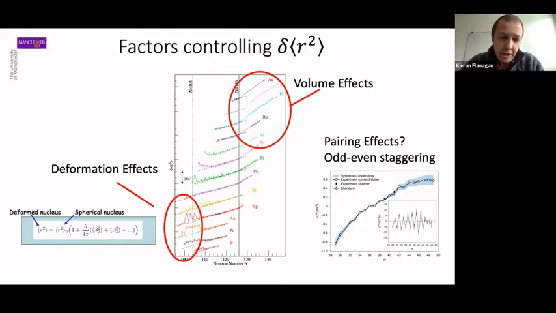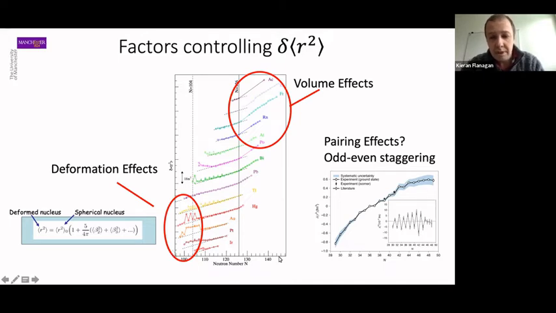And if we naively, or let's say in a very phenomenological way, model this with a spherical nucleus and a deformation term, we can then relate the dynamic deformation that you associate with the mean square charge radius with other observables, such as the quadrupole moment, and evaluate a value for the parameter beta, and then interrelate whether or not we have a statically deformed shape or a rather dynamic system.